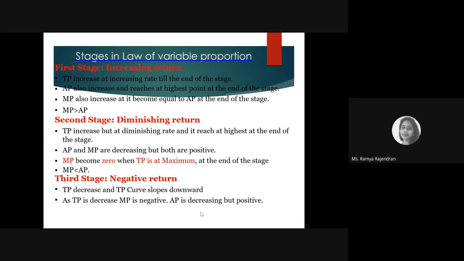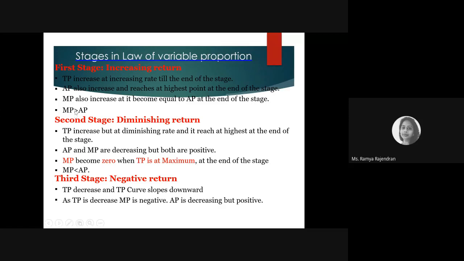Okay, so what happens in the first stage? Here the total product is increasing at an increasing rate, and at the end of the stage it is at its maximum rate. The average product is also increasing, and it reaches the highest point at the end of the stage. The marginal product is increasing, but it becomes equal to the average product at the end of the stage.